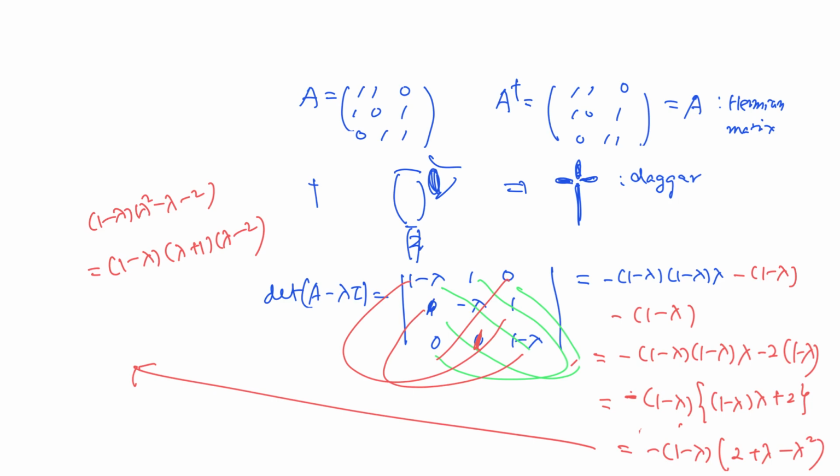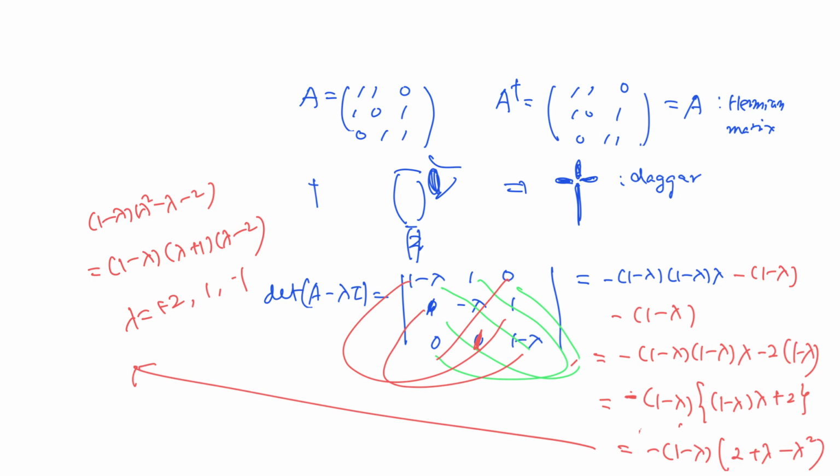Okay, good. So lambda is equal to 2, 1, minus 1. Okay, so this is called a dumb mistake. It actually slowed things down. I made a small mistake here.